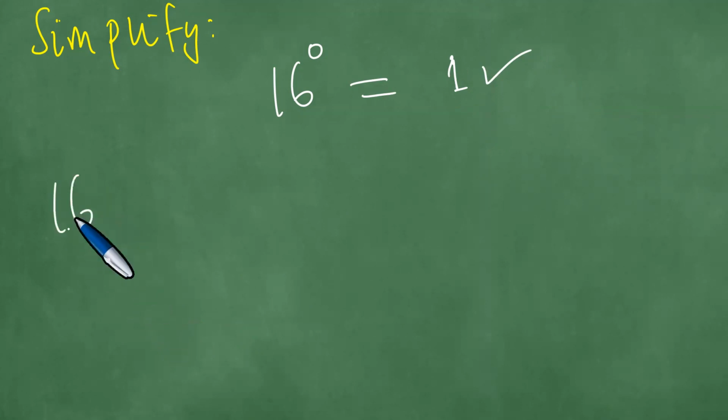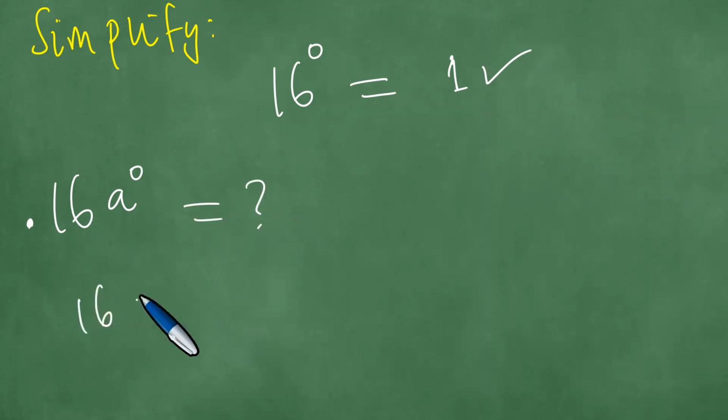What about 16a to the power 0? What's the answer? It's going to be 16 times 1, which is equal to what? 16.